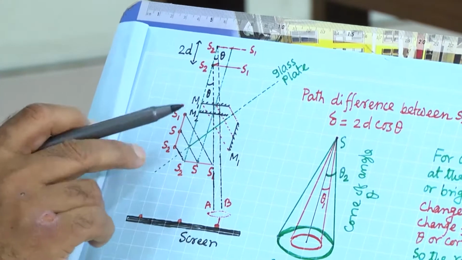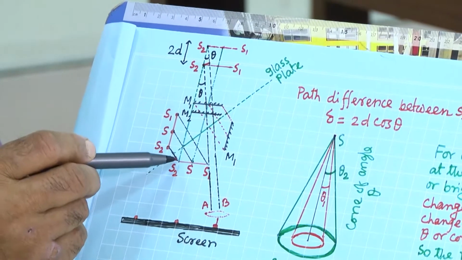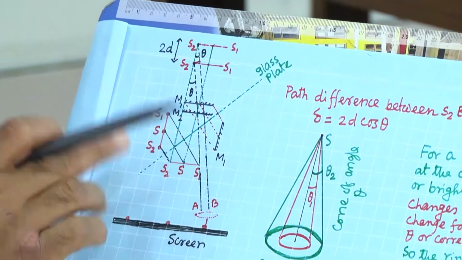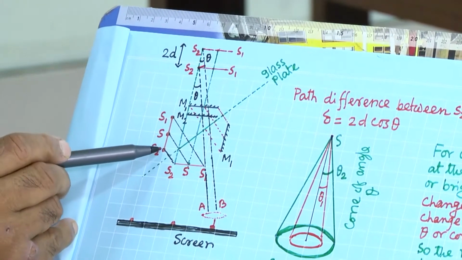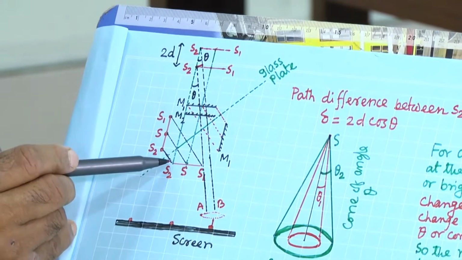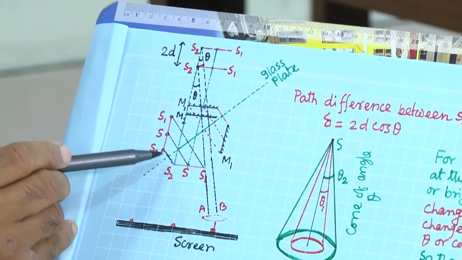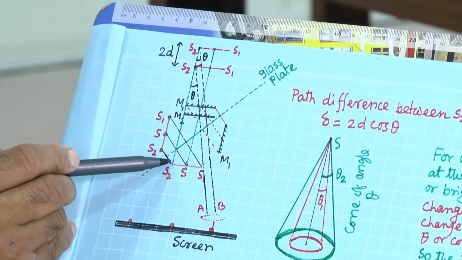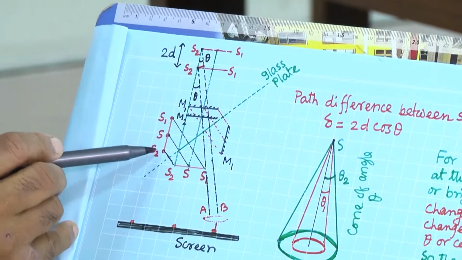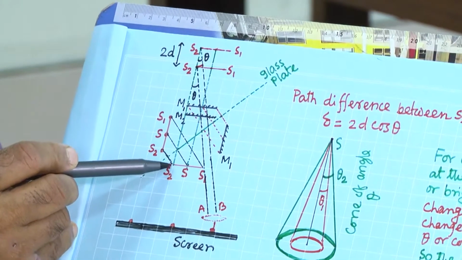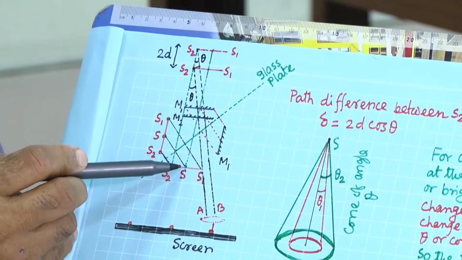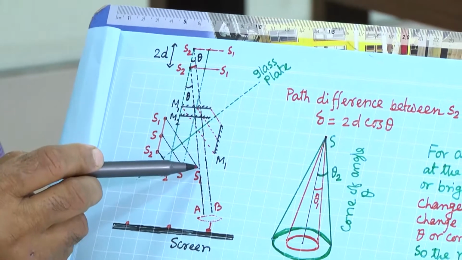The image depends on the perpendicular distance, like in a plane mirror. If this is the point, the corresponding image you will see at the back side at the same distance. So, if you draw a perpendicular and take the same distance on the back side, for S2 this will be the image position, for S this will be the image position, for S1 this will be the image position.